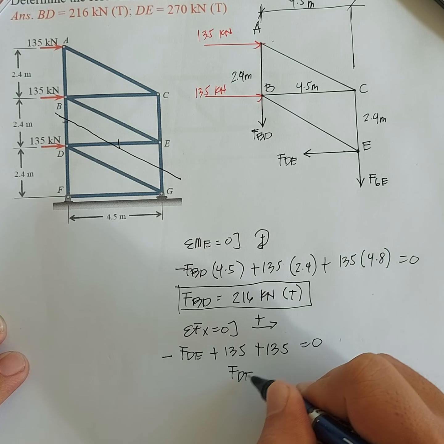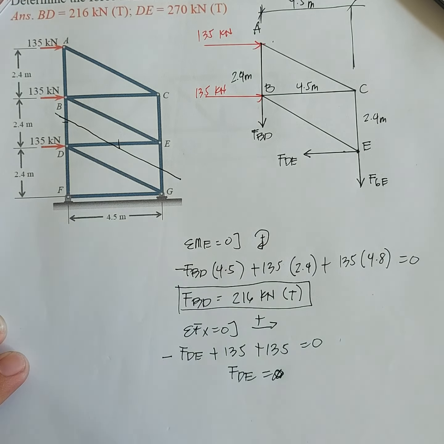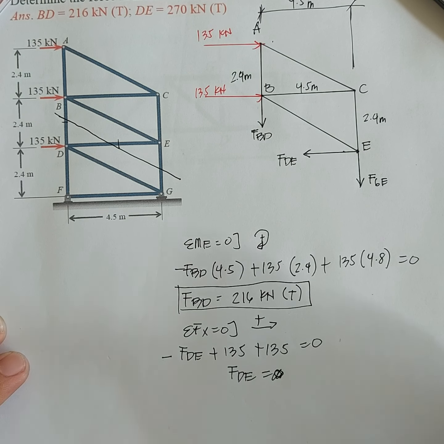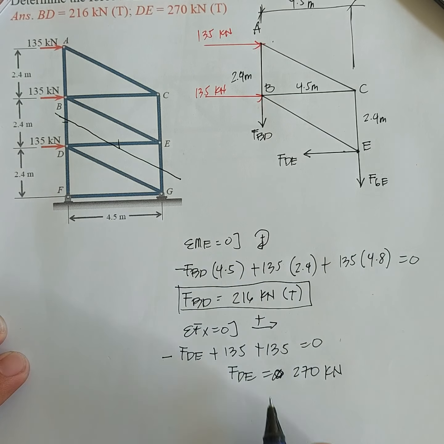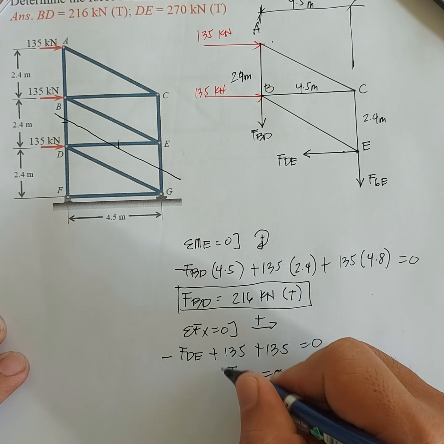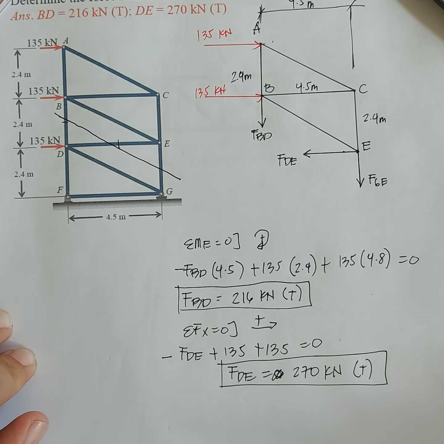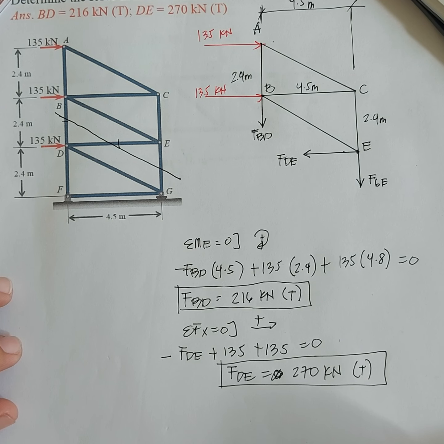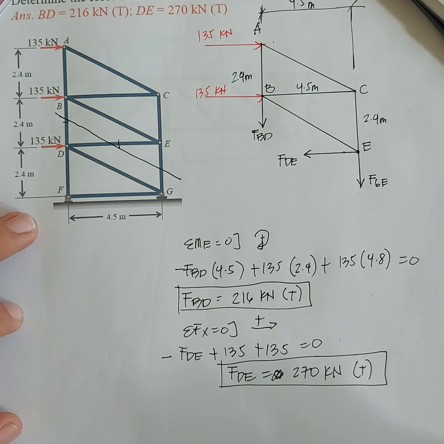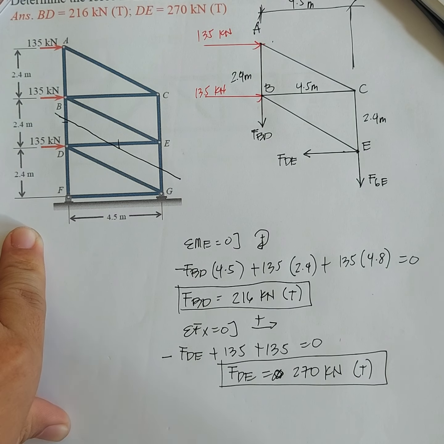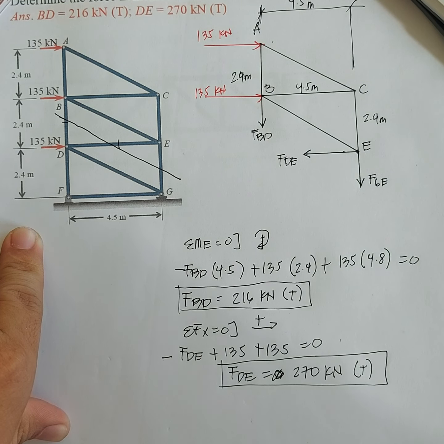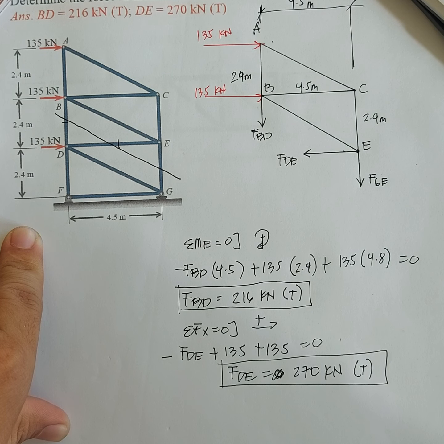So, FDE is equal to 270 kilonewtons. So, positive, which means we have the correct assumption that FDE is in tension. Okay, so that is FDE. So that's it. Dali lang, no? Or you try solving this problem using the lower section, but you have to solve for the reactions. Okay, next example, perhaps the last, siguro.